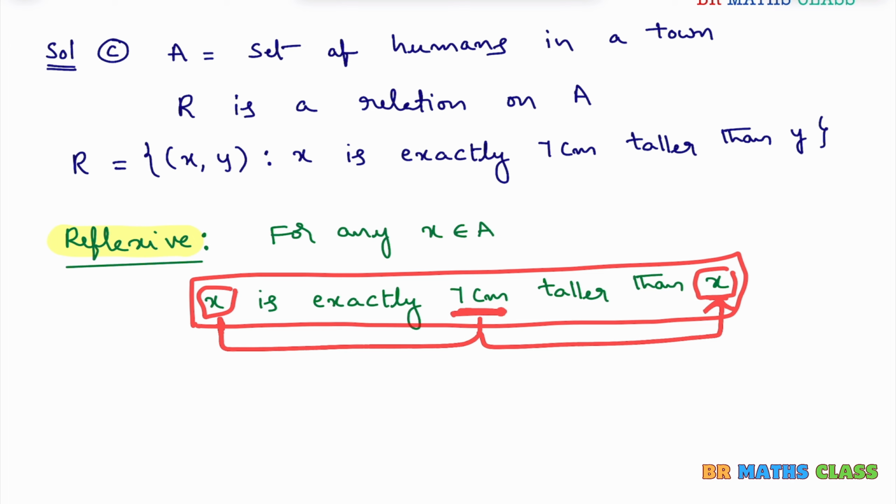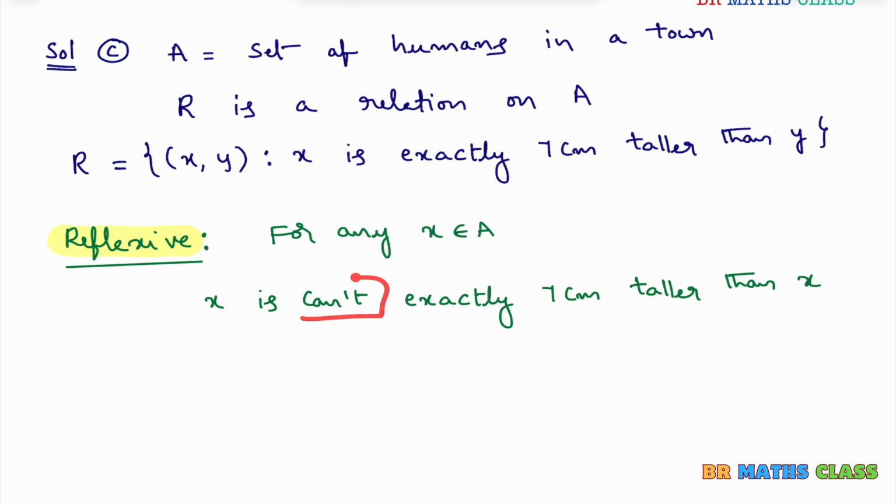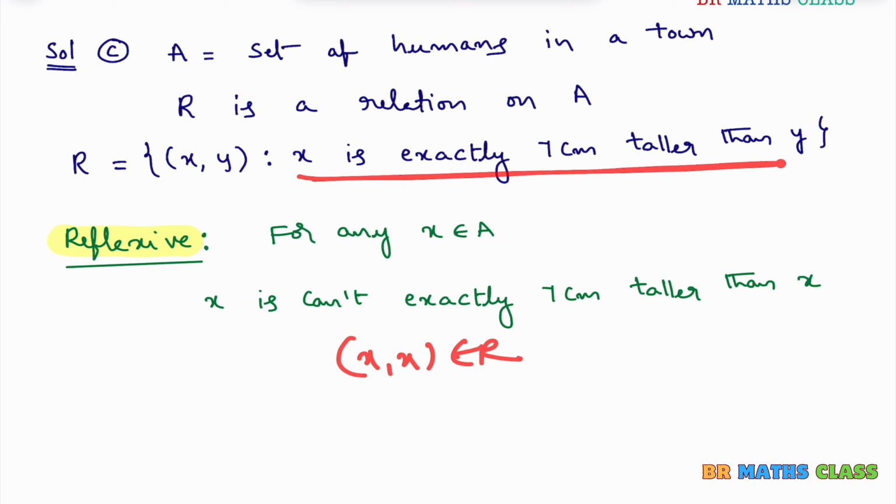Can I say that you are exactly 7 centimeters taller than your own height? No, this is false. So x cannot be exactly 7 centimeters taller than x. When the ordered pair x comma x belongs to the relation, only if x is exactly 7 centimeters taller than x does this ordered pair belong to this relation.